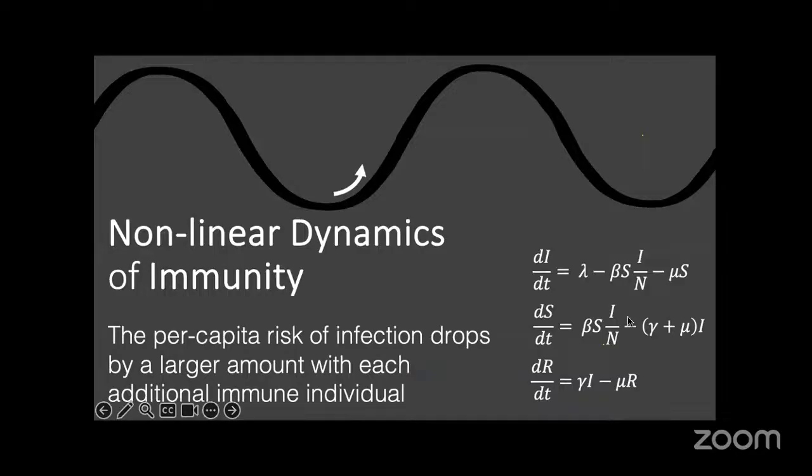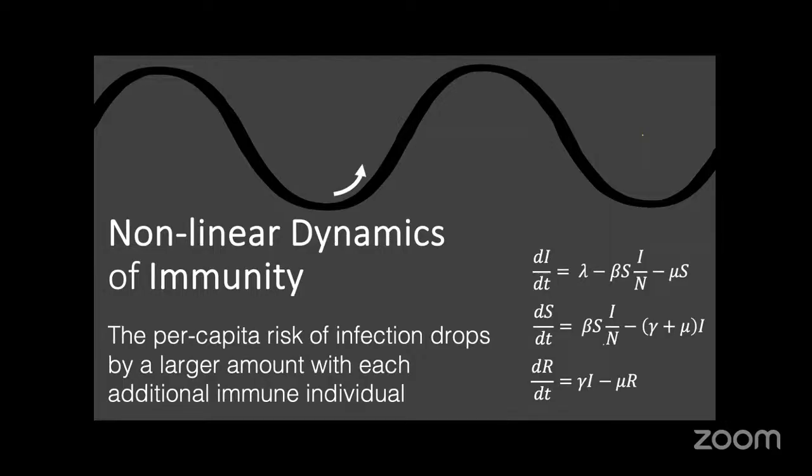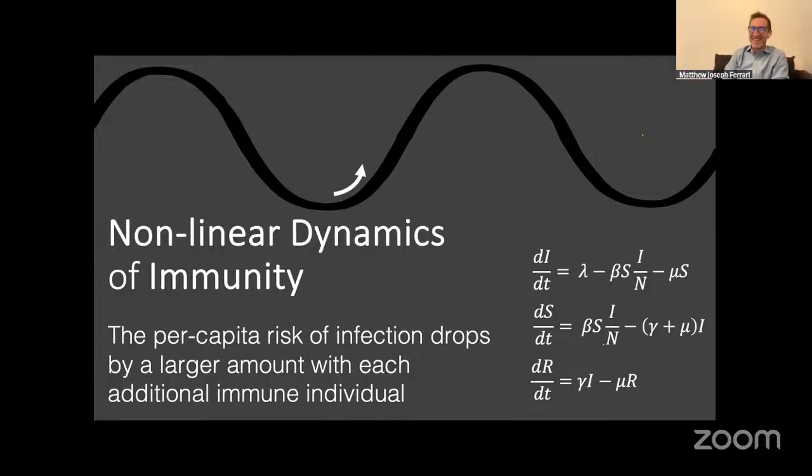It should be SDT, and then the next one is the IDT, because of the minus mu S, the minus mu for the S class. So first of all, thank you for pointing this out. I won't make that mistake in the future.